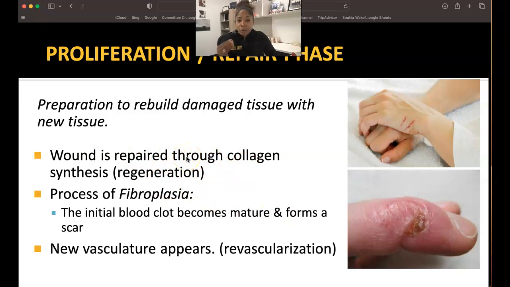That wound is repaired through the process of collagen synthesis, or the laying down of new collagen in that area, through the process of fibroplasia, which is this concept of the blood clot becoming more mature, forming a scar, and then revascularization, or restoring of blood vessels that were damaged or injured in the actual initial injury.